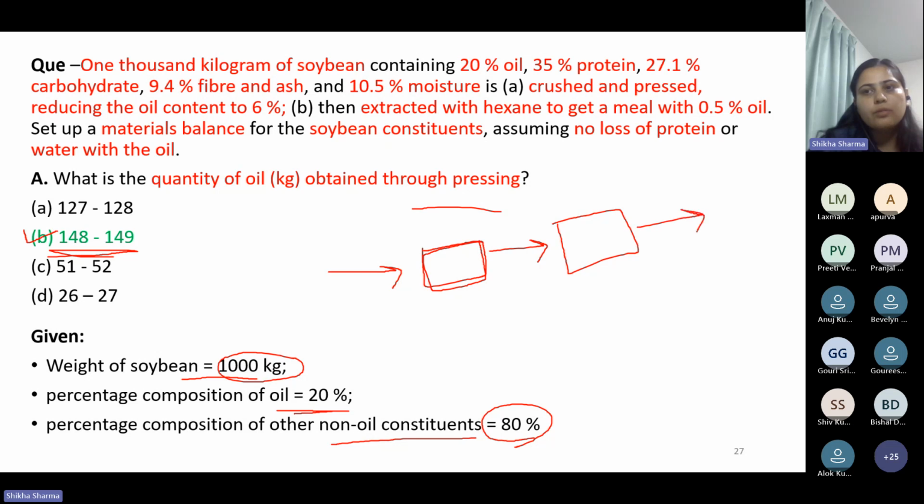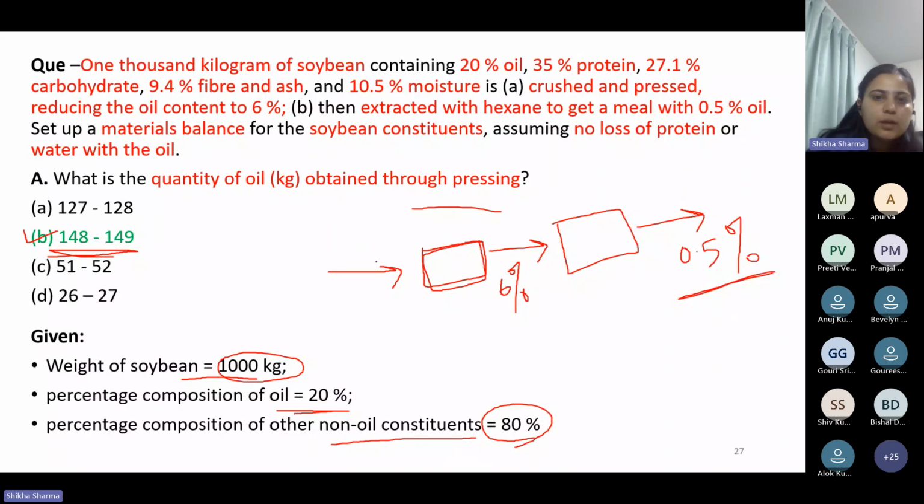From the pressing, 6% oil is not extracted. After applying the solvent extraction process, in the meal we have 0.5% of the oil. That means 0.5% of the oil is not extracted, right?